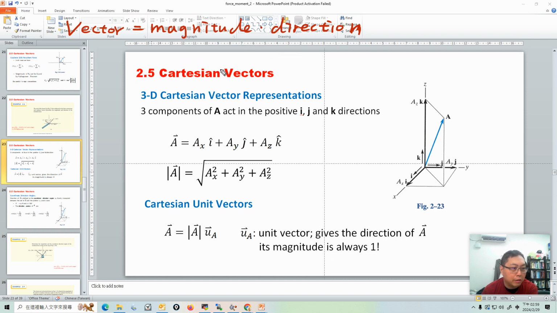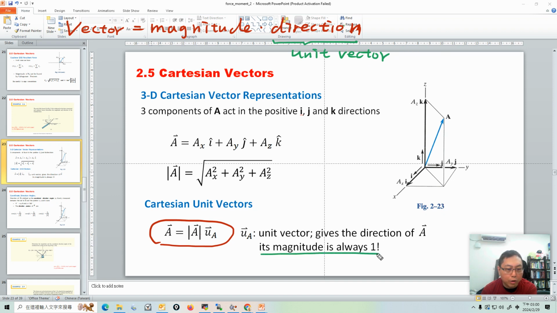Expressed in mathematics: vector A is equal to the magnitude of A times the unit vector of A. This is called the unit vector, another name is the direction vector, and it gives you the direction, while the magnitude gives you the magnitude.